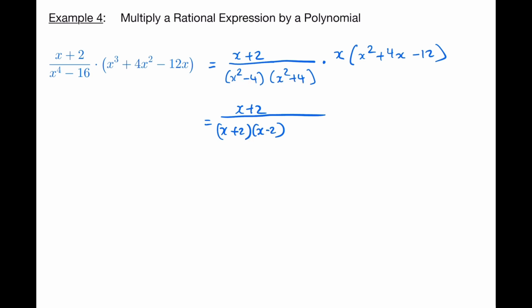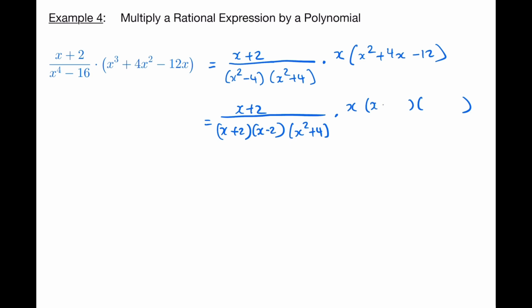There's nothing we can do with the next one, so we go ahead and write x squared plus 4 times x times, and you should recognize that the polynomial in this parentheses is factorable. The factors of -12 such that when you add them together we get a positive 4 are 6 and -2.